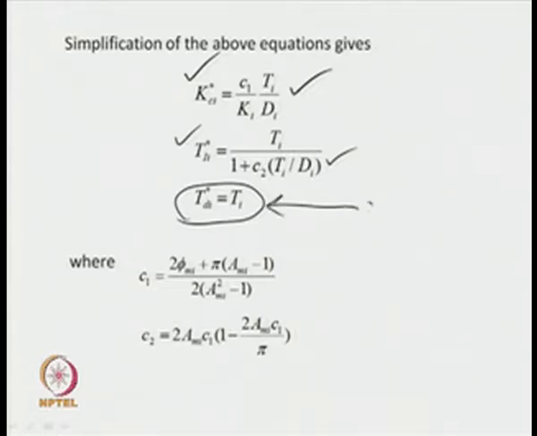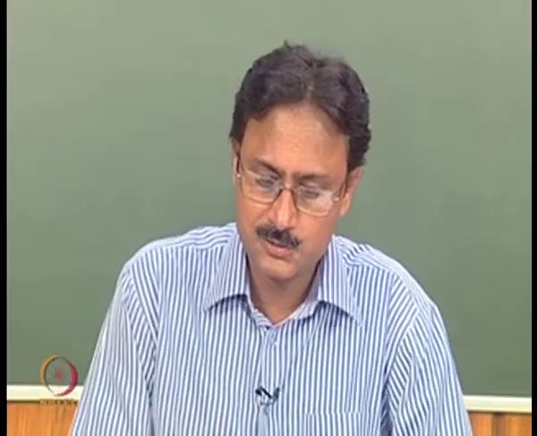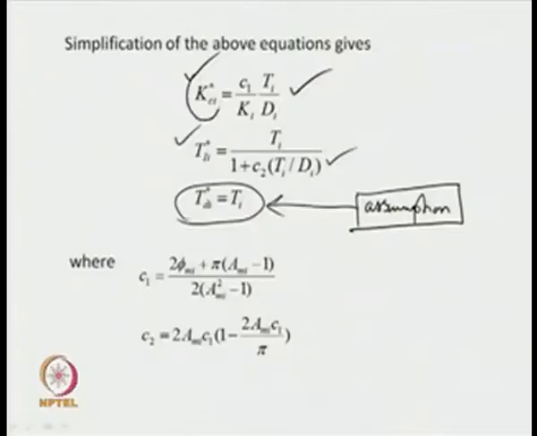This is the assumption we made at the beginning. So, with this assumption we proceeded and we have been able to find explicit expressions for the 2 unknowns of the new PID controllers KCI star and TII star.